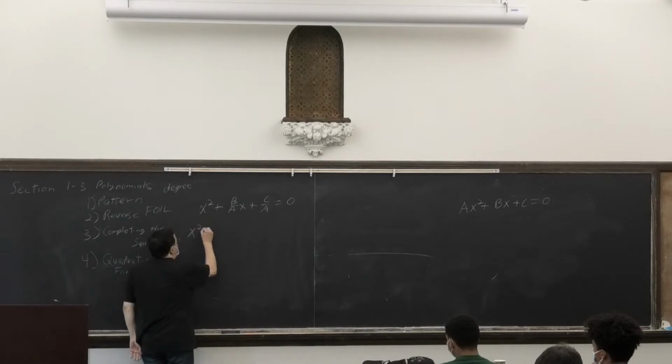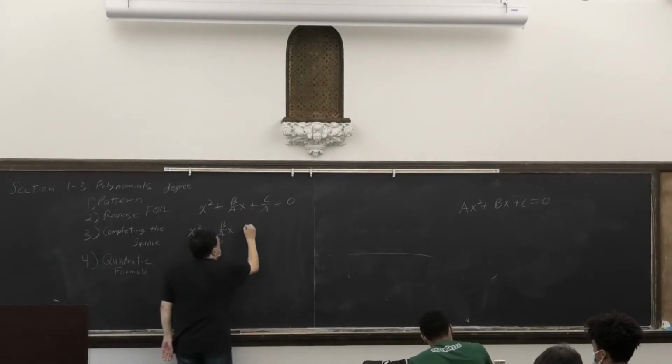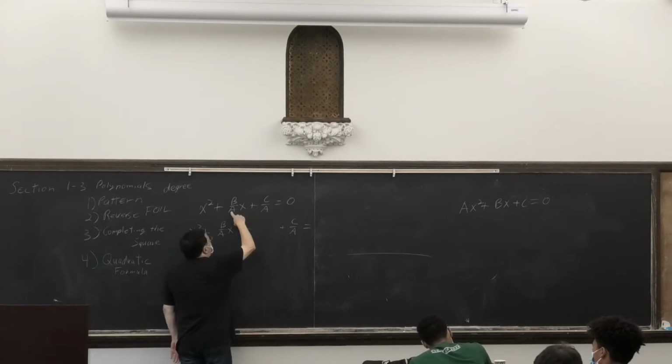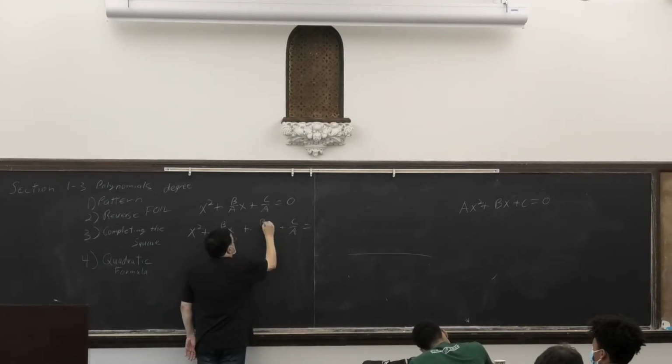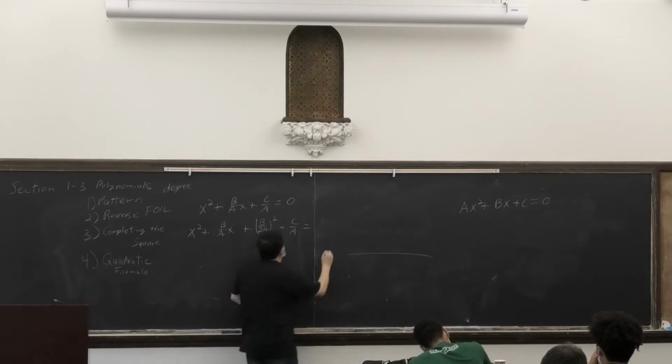So we have x squared plus b over a x plus, fill in c over a. This value here is b over 2a squared. But we can't just add that to this side, we have to add it to both sides.